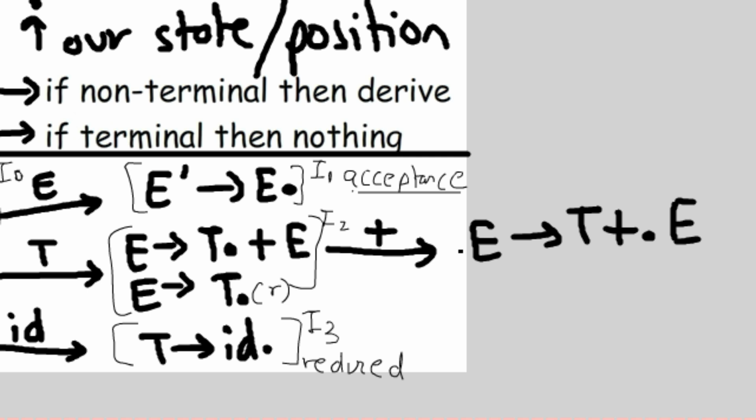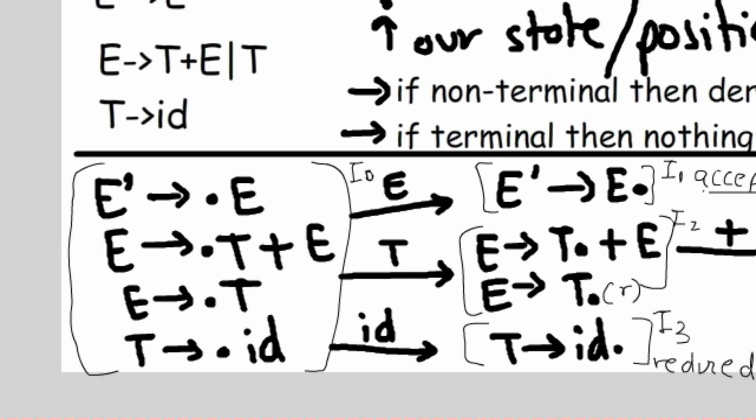So it's okay. Now look at this equation. We know that if the dot is in front of a non-terminal, then we have to derive it. This is a non-terminal, so we have to derive it. How do you derive it? To derive it, you have to look at the first grammar.